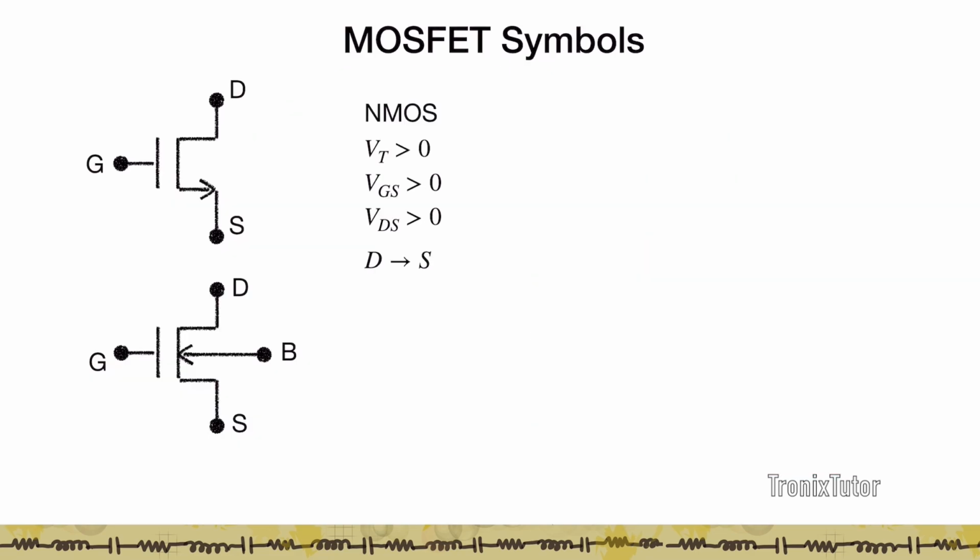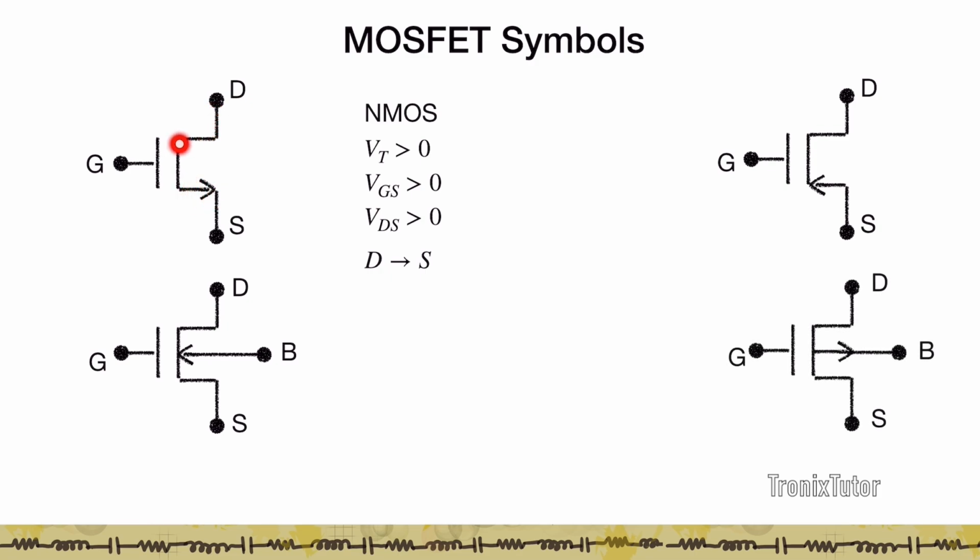Given that, the symbols of the NMOS and PMOS are as below. Typically we use these symbols where the arrow indicates whether it's an NMOS or a PMOS. In an NMOS, remember, VGS and VDS are positive, VT is positive, and the current direction indicated by this arrow shows that the current flows from drain to source, where the resistance of the channel is controlled by the gate.